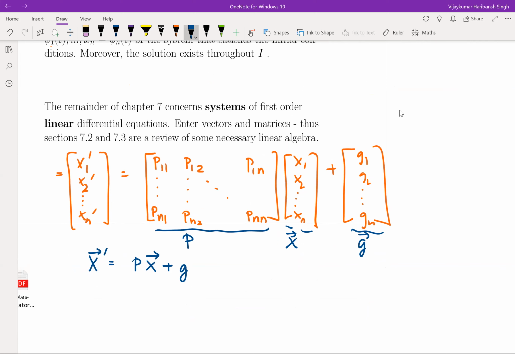If we understand this matrix, we can actually tell a lot about the solutions. That's what we're going to do in the next class. Thank you for your attention.